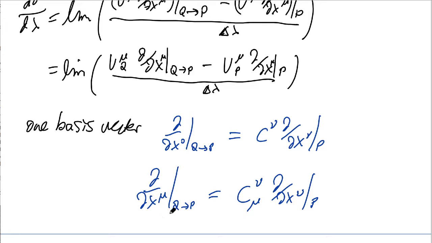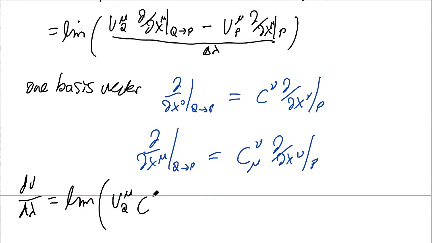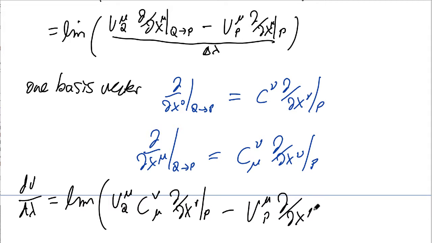Now, putting this in for d by dx mu at Q parallel transported to P, we find that dv d lambda is the limit of the components of v at point Q, v mu, times C nu mu, d by dx nu at point P, minus v mu at P, d by dx mu at point P, and all of that's divided by delta lambda.